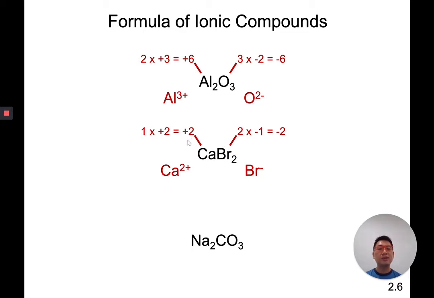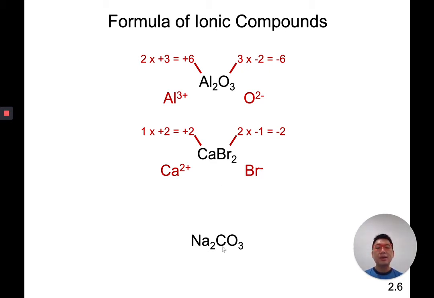I have 2 bromines, each one is negative 1, giving me an overall negative 2 charge. Positive 2, negative 2 adds up to 0. The chemical formula for calcium bromide is CaBr2. I'll be doing a lot more of these when I can write on paper. I can't do this while I'm using these notes at the same time.